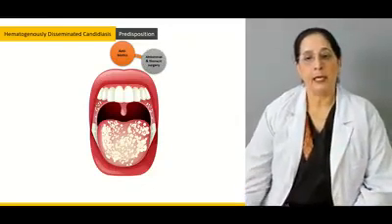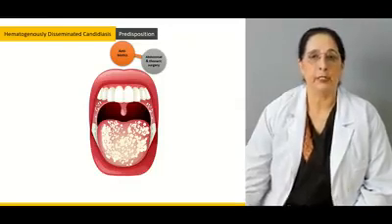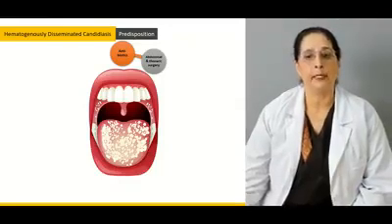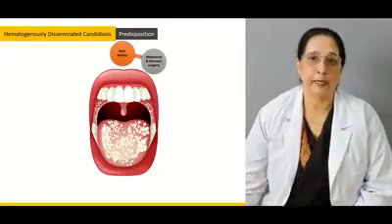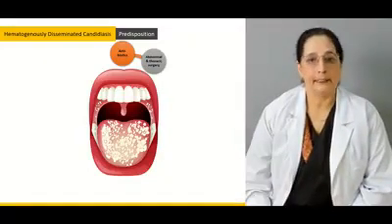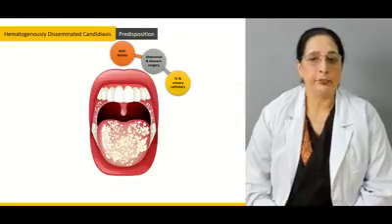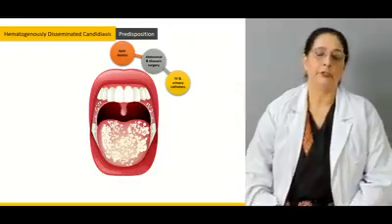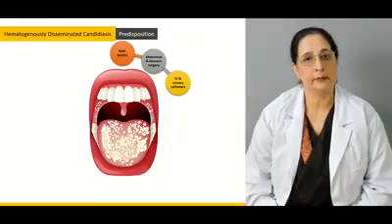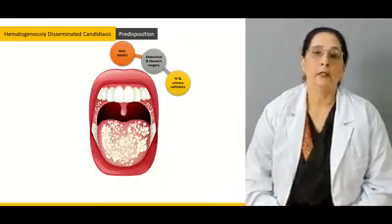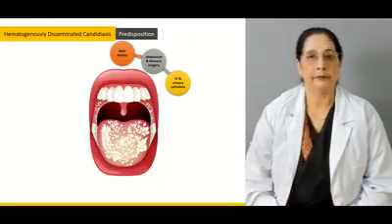Then any abdominal and thoracic surgeries, which are performed on the abdomen and the chest, are a predisposing factor for the candidal infection. Then IV and urinary catheters. Individuals who have catheters, whether they are intravenous catheters or urinary catheters, it is a predisposing factor.